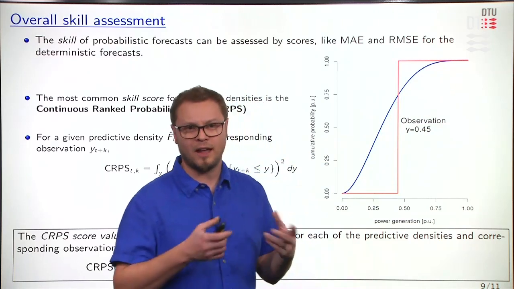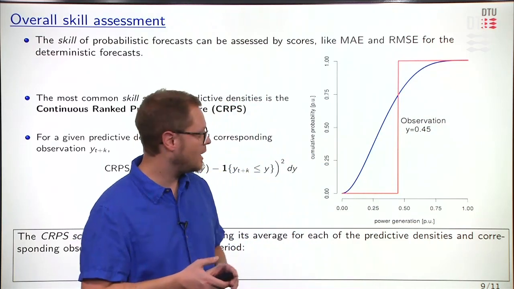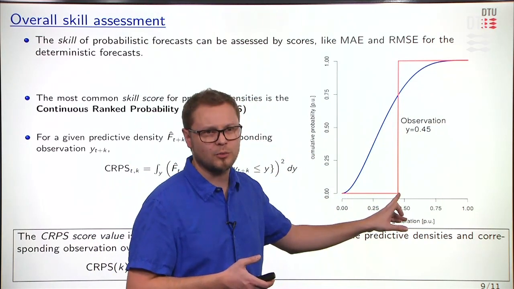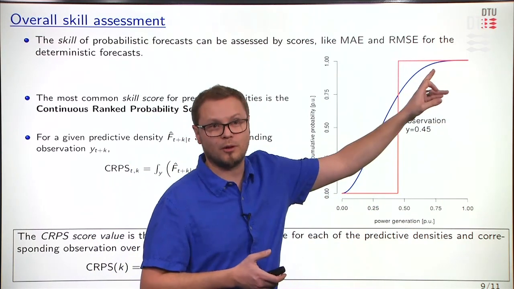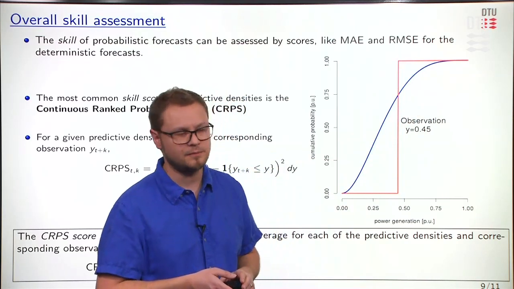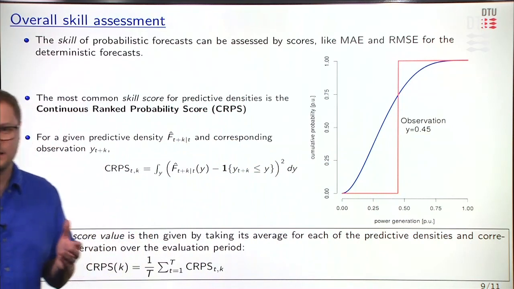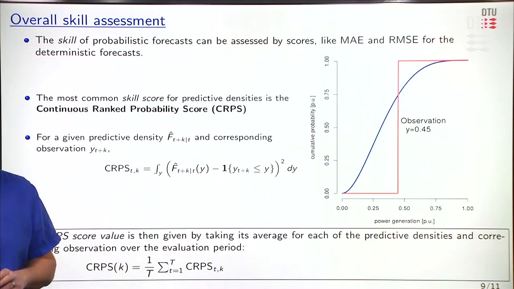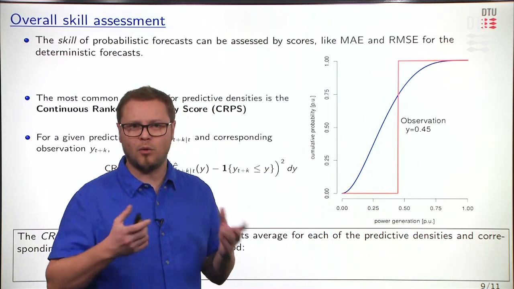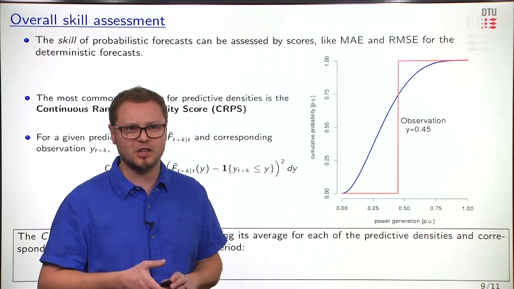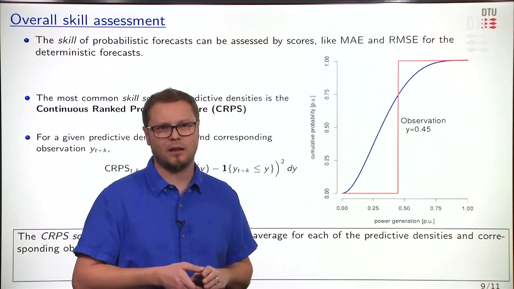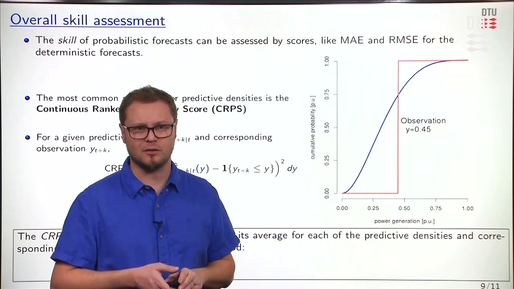It's called a Heaviside or step function, and obviously the probability is 0 until the value of the observation, and then you jump to probability of 1 since now you have observed this value. So that means that we would like our probabilistic forecast to be as close as possible to this red line. If we want that, we can define some kind of measure that looks at how close this blue line is to this red line, and that's what the CRPS does.